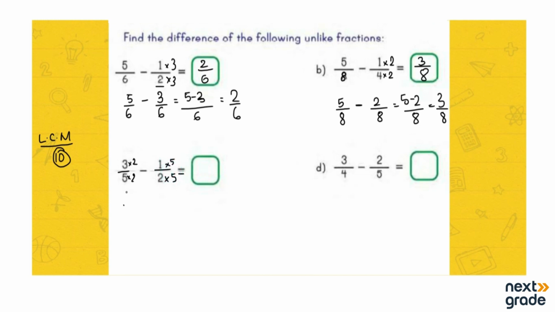Alright, so we are just gonna quickly move it over here, and 3 2s are 6 and 5 2s are 10. Likewise, we're gonna convert these fractions, that is 5 1s are 5 and 2 5s are 10. So the answer is 6 minus 5 over 10, and it's 1 over 10. So we're gonna write the fraction over here, 1 over 10.